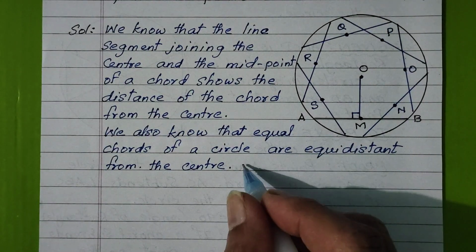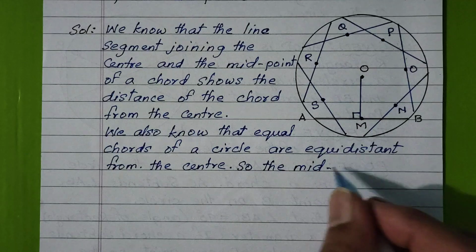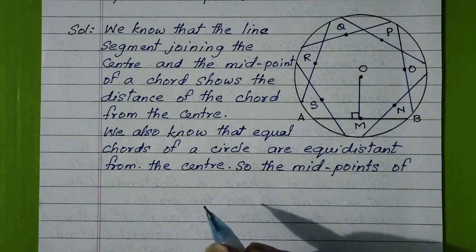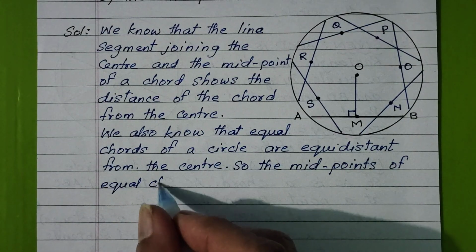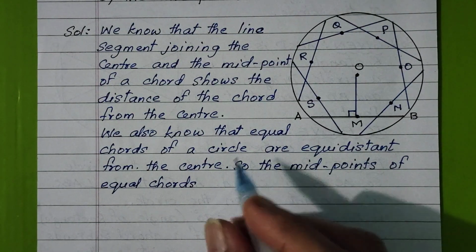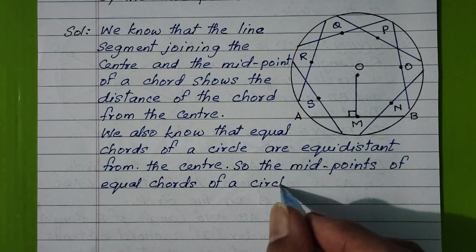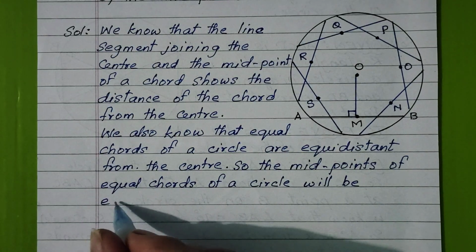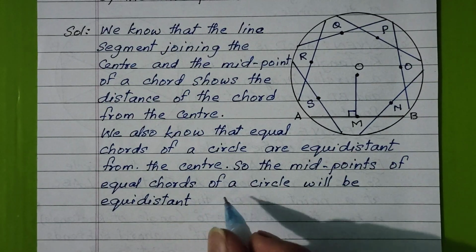So the midpoints of equal chords of a circle will be equidistant from the center.